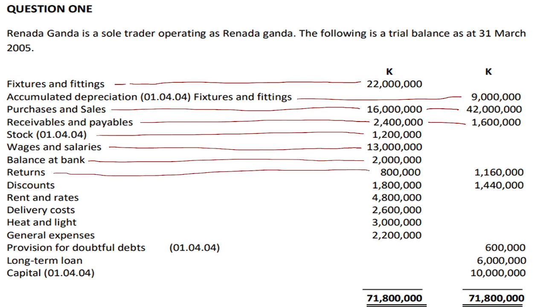Then we've got the returns there. Now on the returns, we have got returns inwards and returns outwards. Which ones are the inwards and which ones are the outward? The inward is 800, then outward 1.160.